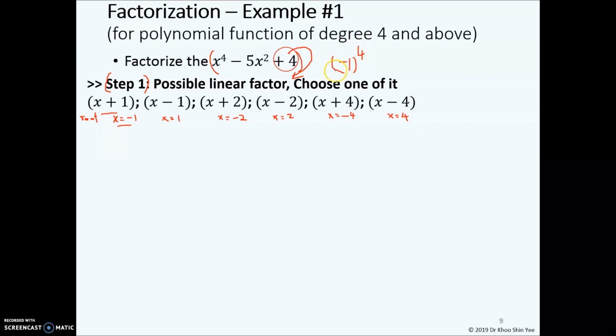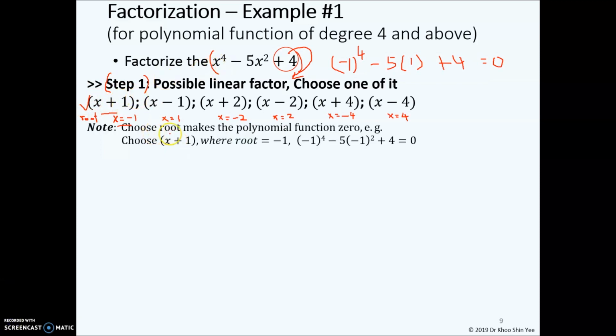For x equal to negative 1, the power of 4 gives 1, minus 5 times negative 1 squared gives 1, plus 4. So 1 minus 5 plus 4 gives 0, which means this is the actual linear factor for this function.